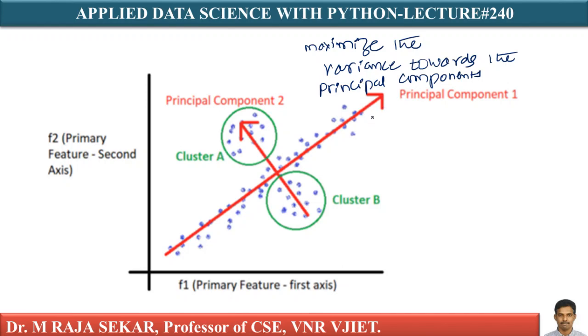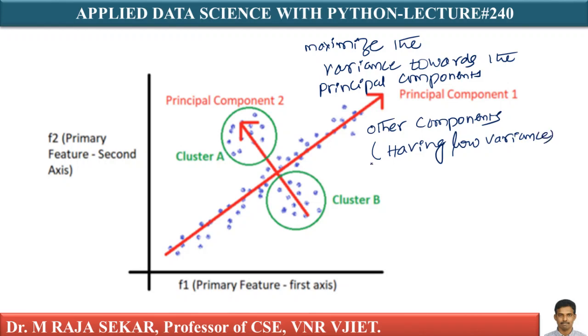are declared as noise points. Other components means those having low variance.